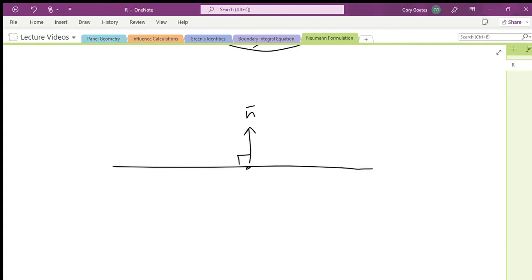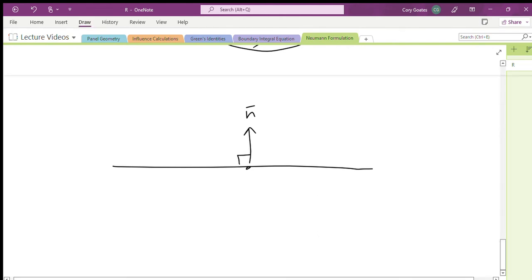Now remember, we said we wanted Vn, or V dotted with n, to be 0. And so we're enforcing that exactly at that control point. But the thing is, we don't have a constant induced velocity over this panel.